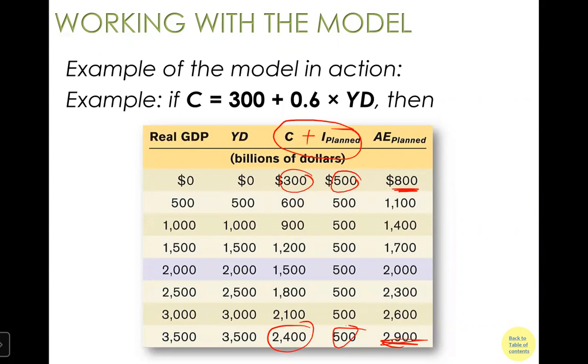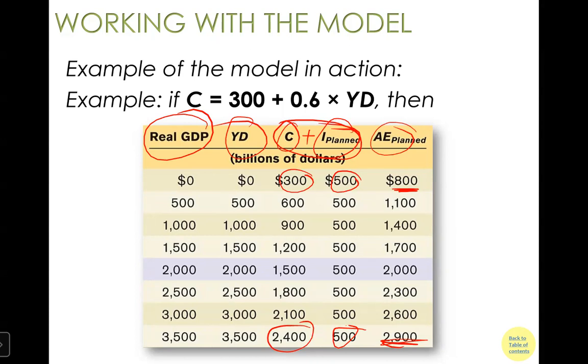So this is how we make sense of this table. I just showed you the relationship between real GDP, disposable income, C, planned investment, and planned aggregate expenditure. So this is the first step.